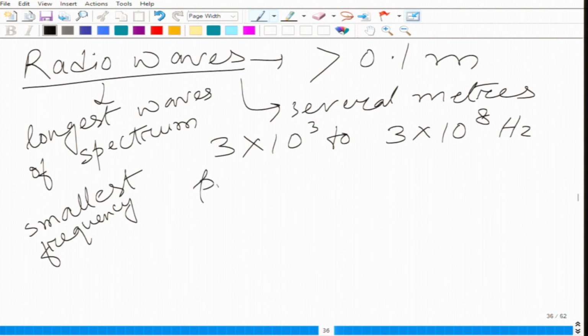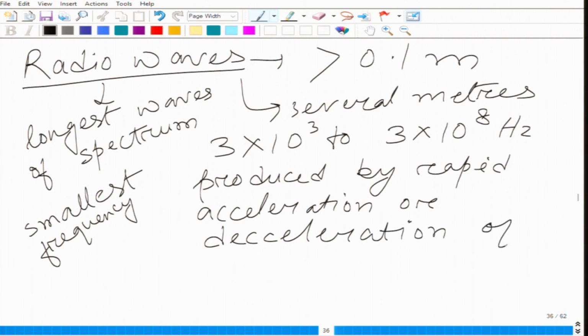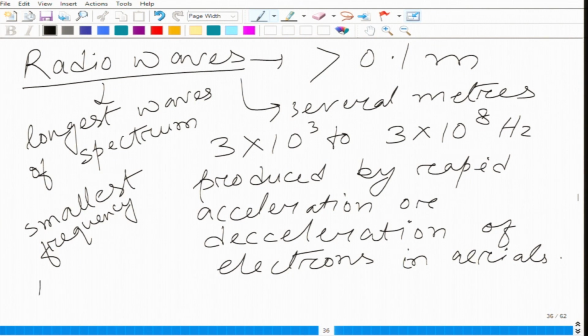Radio waves are produced by rapid acceleration or deceleration of electrons in aerials, and they are detected by receiver aerials.